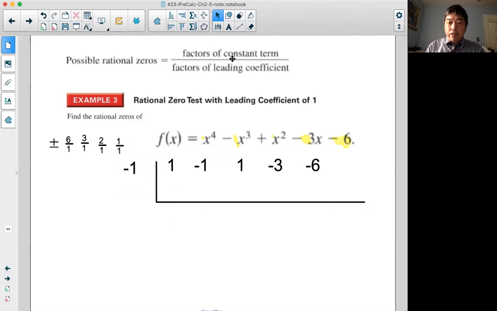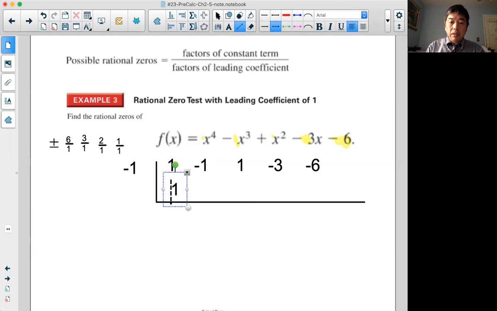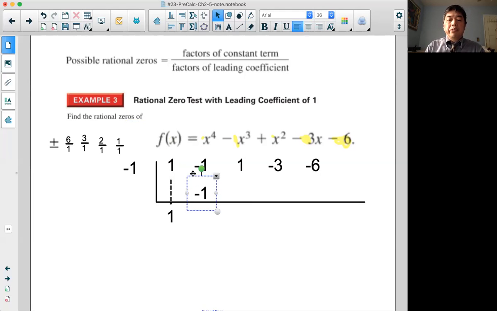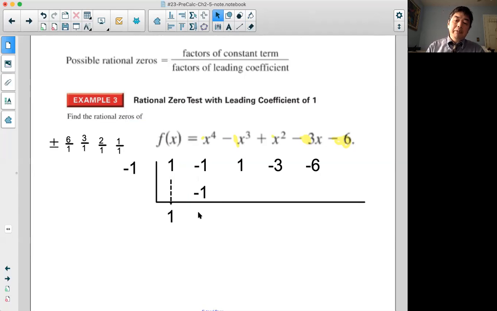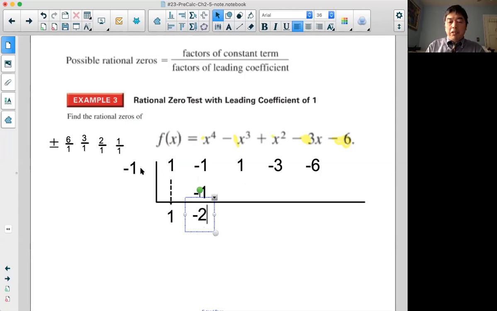The first number of the synthetic division comes down, and this is 1. You multiply: -1 times 1 is -1. You add, so it's going to be -2 here. Negative times negative is positive, so 2 times 1 is 2.